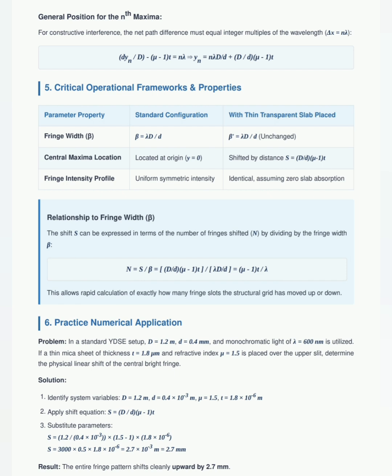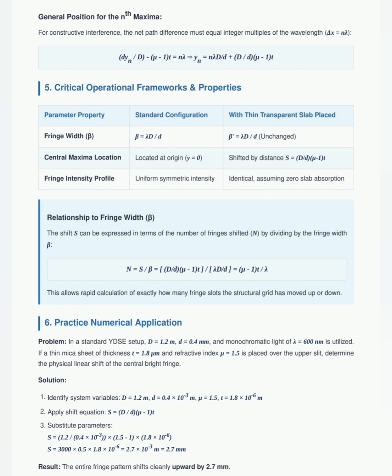Okay. Now let's compare the case where there is no slab and where we introduce a slab. The fringe width for the standard configuration, beta, we know will be lambda capital D by d. Now when we introduce the slab, beta prime remains unchanged, that is lambda capital D by d.